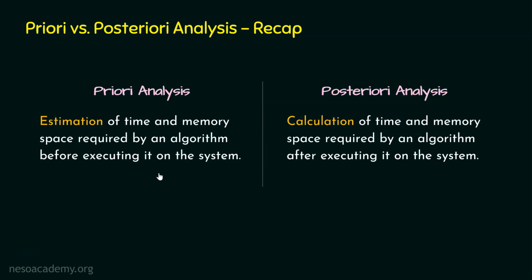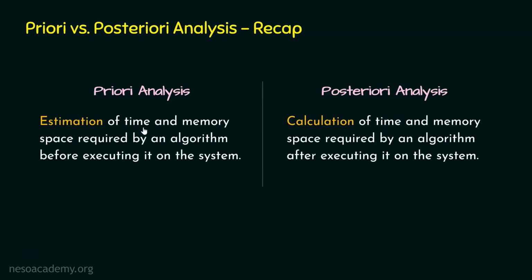Our focus is on priori analysis because priori analysis is the easiest and it is the most practical analysis. So keeping this in mind, we will use priori analysis to analyze our algorithms. Now, how do we estimate time and memory space is the main question.